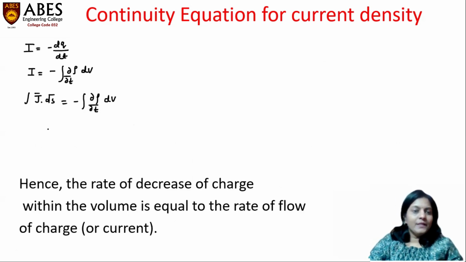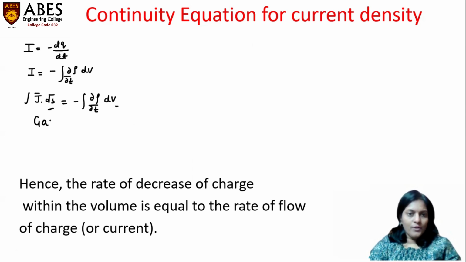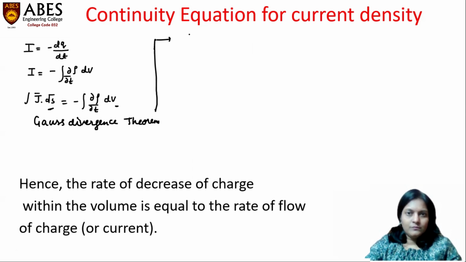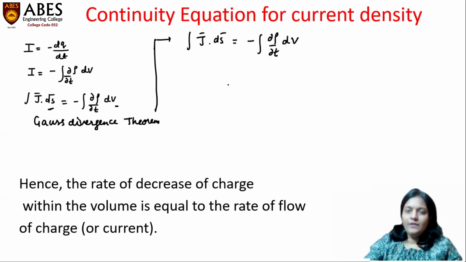Here we have the ds and here we have dV. So we will apply Gauss divergence theorem. J dot ds is equal to minus del rho by del t into dV.